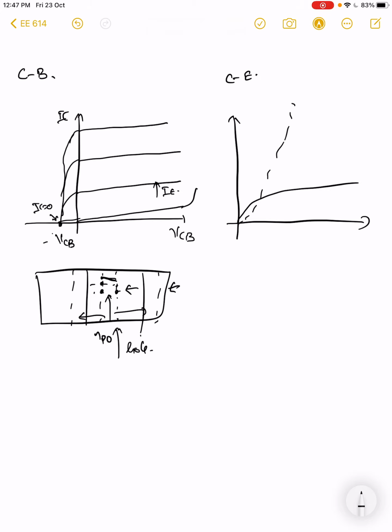So you have something like this. And we also saw that the gradient is almost the same, but then you always have a gradient in the sense that you have an IC which is proportional to VCE at all IBs.